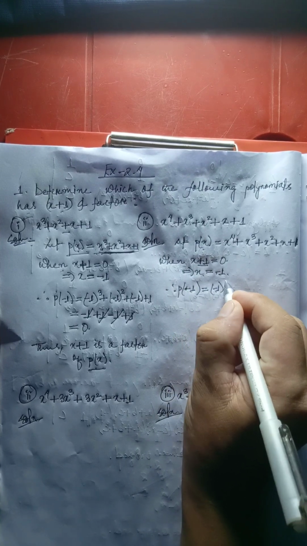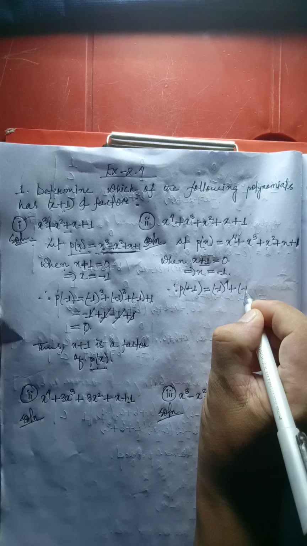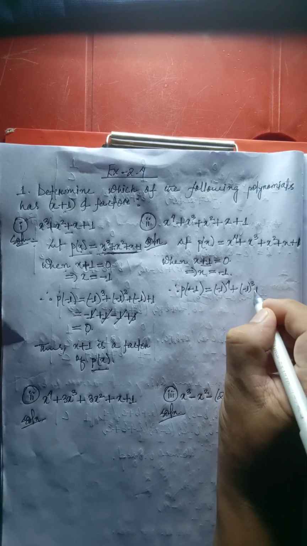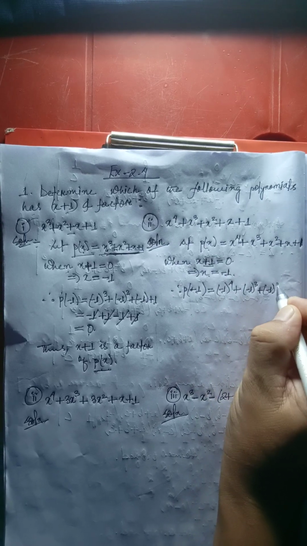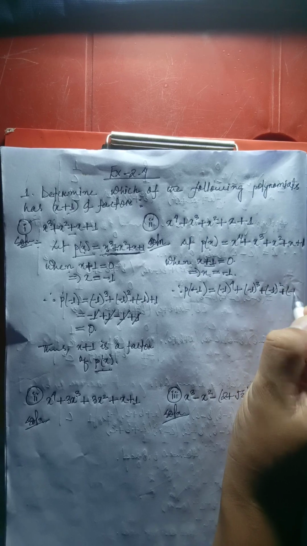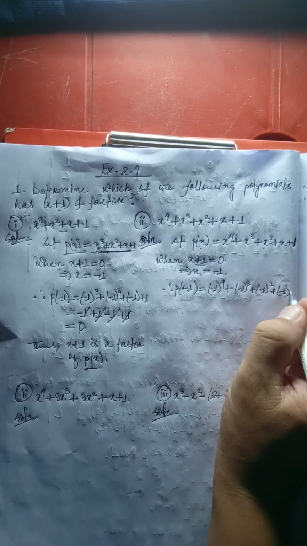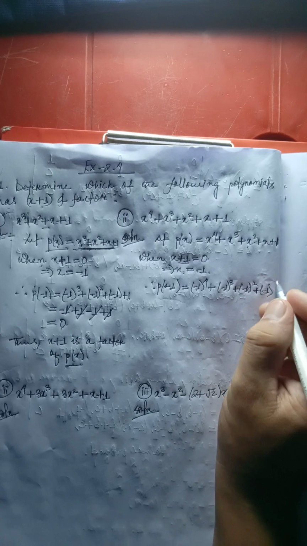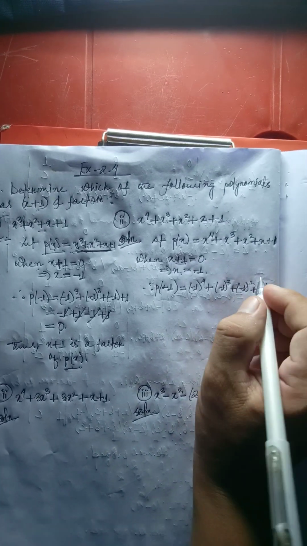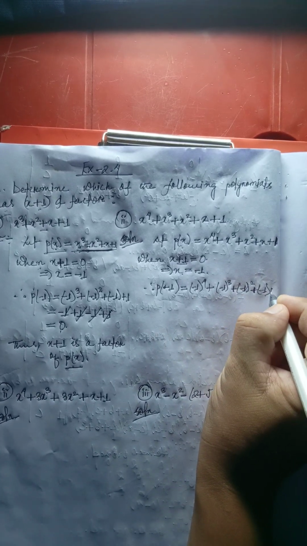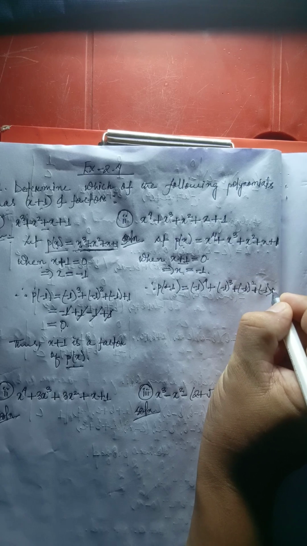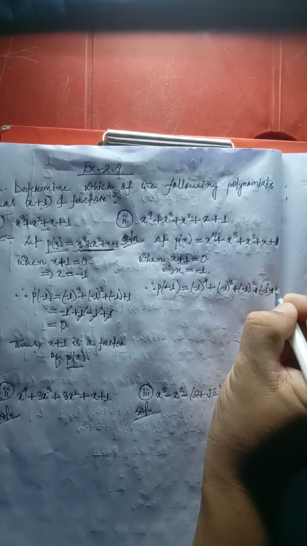Minus 1 to the power 4, minus 1 to the power 3, or cube, minus 1 squared, minus 1, and after that plus 1.